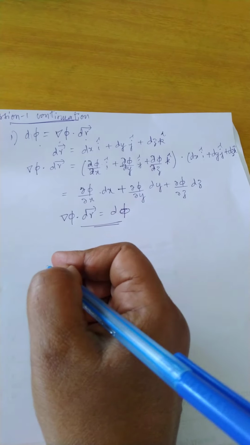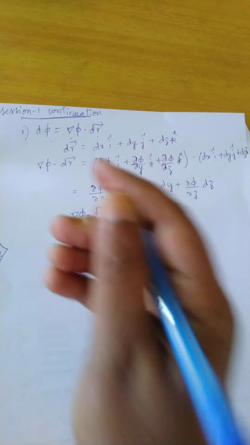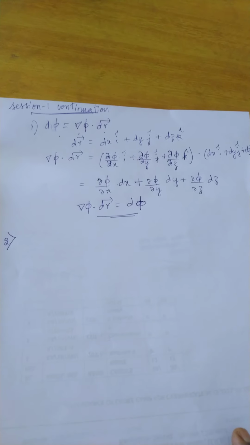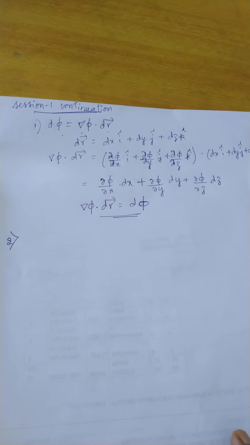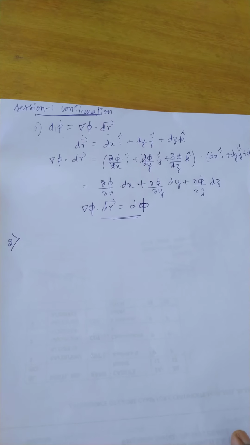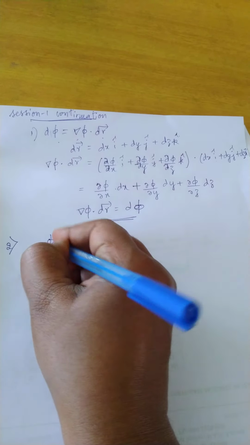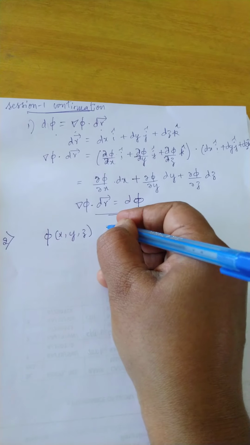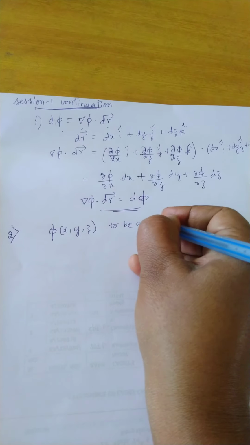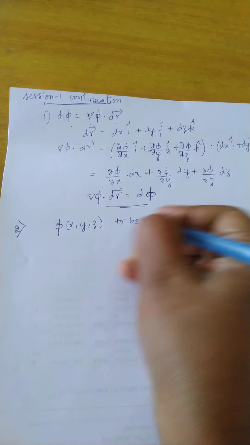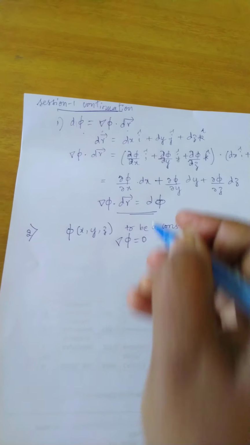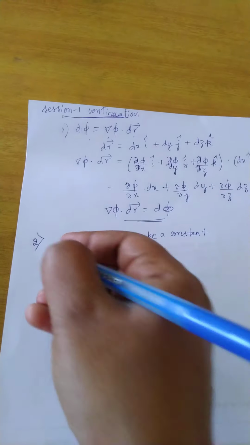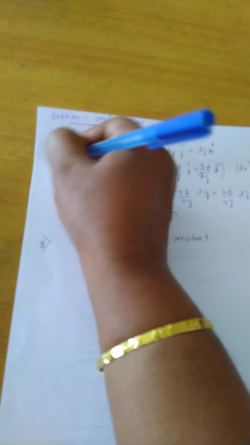Now let's move on to the second consequence. The necessary and sufficient condition for a scalar point function phi of x, y, z to be a constant is that its grad phi is 0. So we need to prove this.